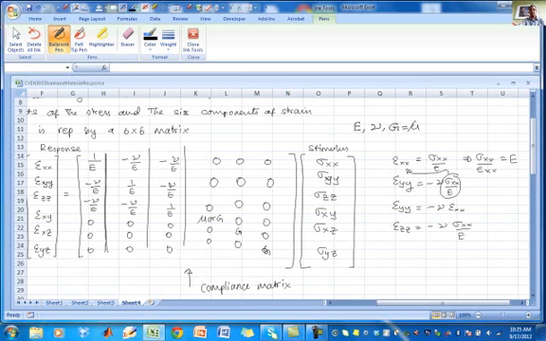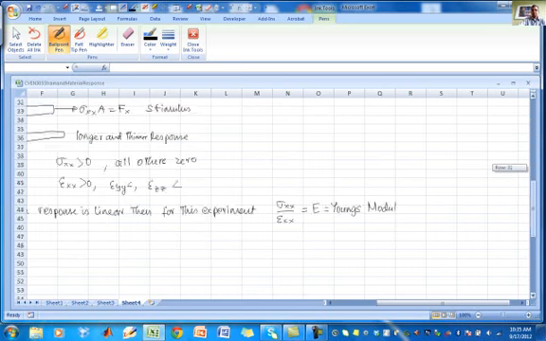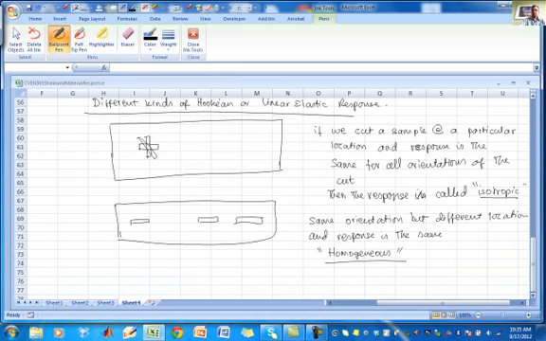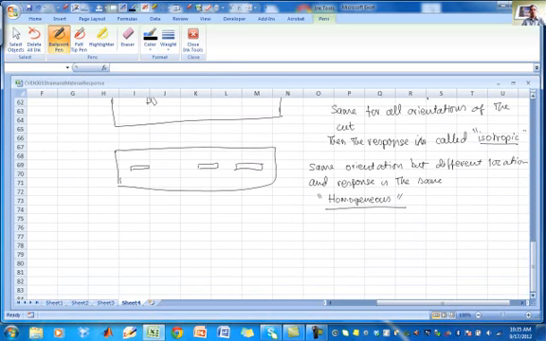Okay, so let us see which one is which and what they mean. So this is the key for a Hookean material, for an isotropic Hookean material.